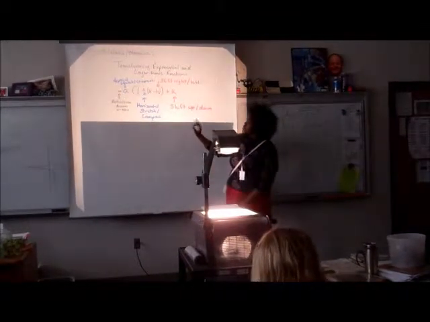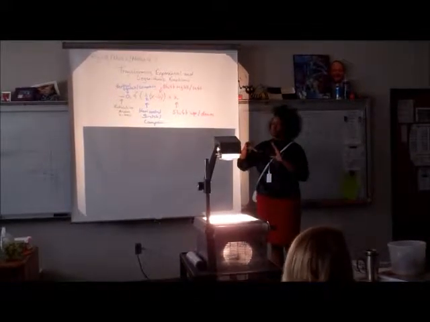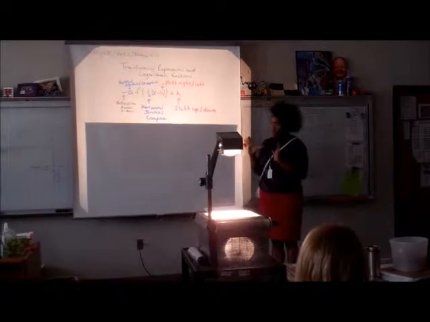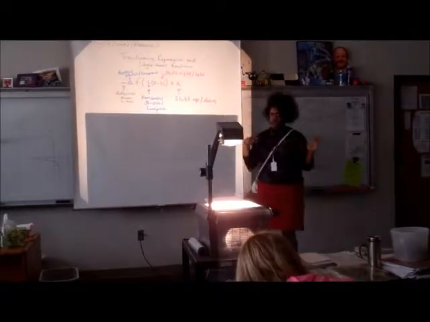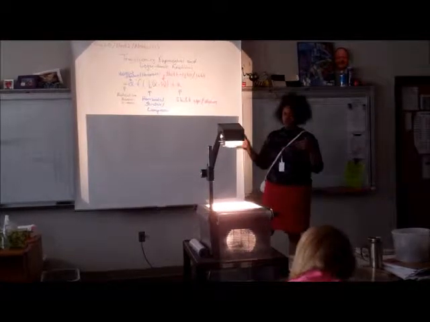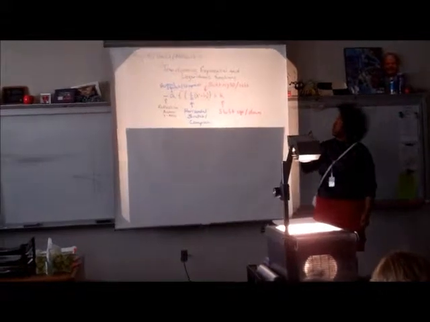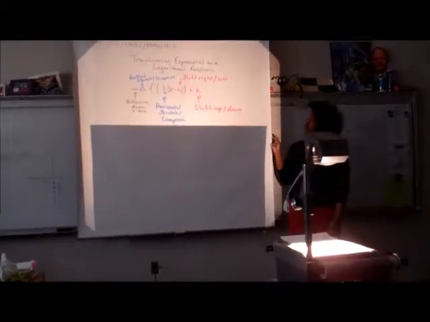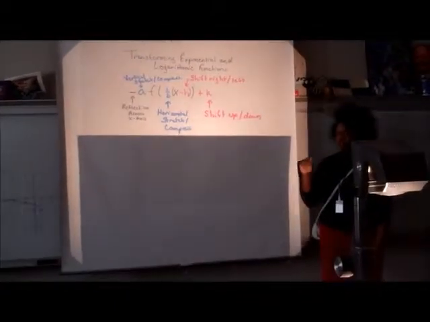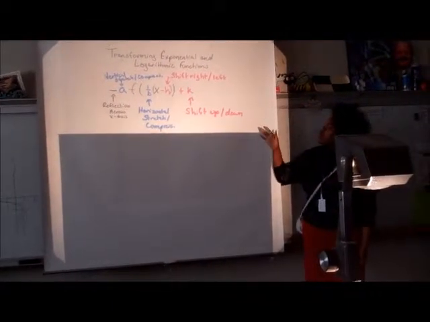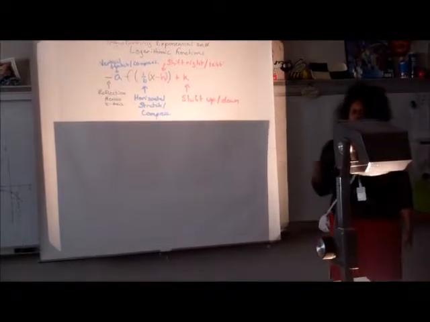You have your horizontal stretch or compression, which is when a number is multiplied inside the function. You have your shift to the right and to the left, or your horizontal shift, which is when you add or subtract inside the function, and your vertical shift up or down, when you add or subtract outside of the function.